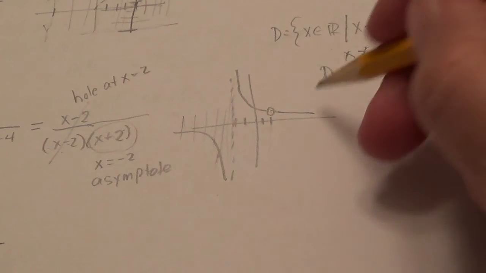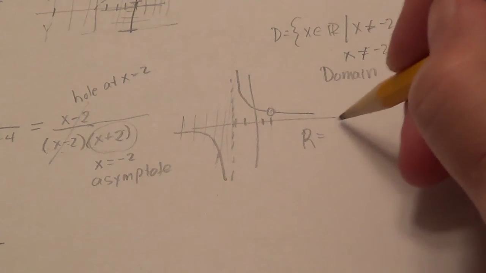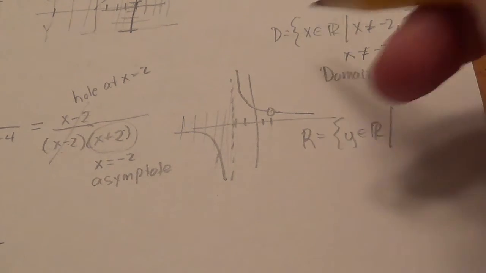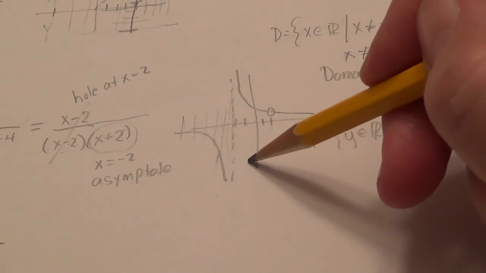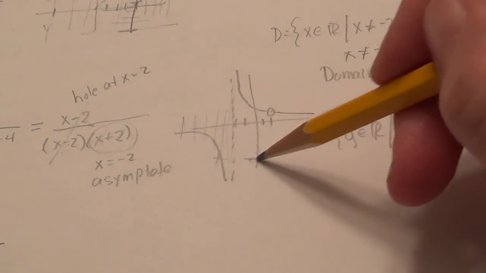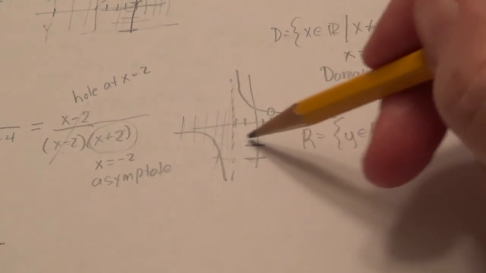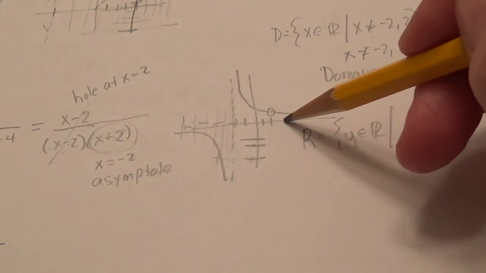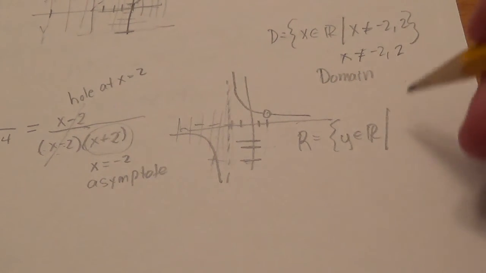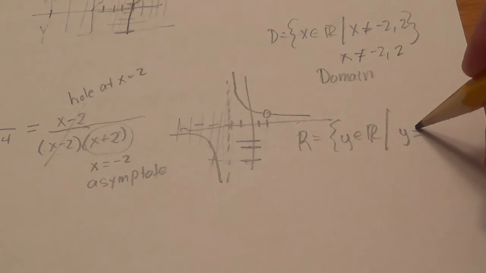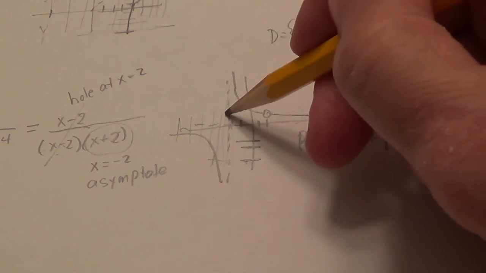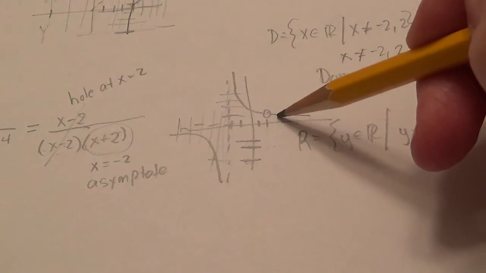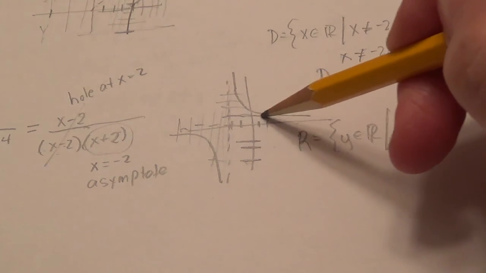All right, the fancy way for the range is y is an element of the reals, such that. And we look at this graph from the y direction. This will touch the graph, this will touch the graph. There is a horizontal asymptote here. So y cannot equal 0, but you can see it will touch the graph everywhere else except this one spot right there.